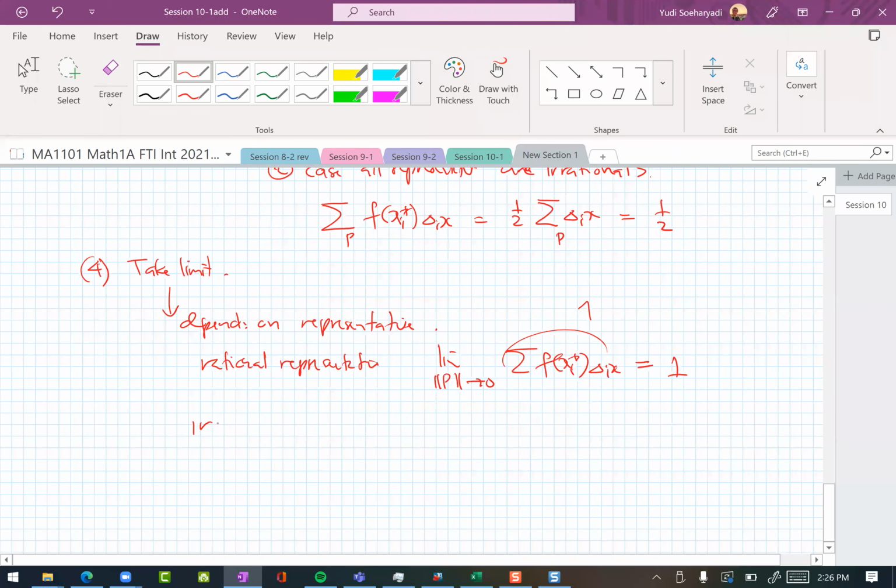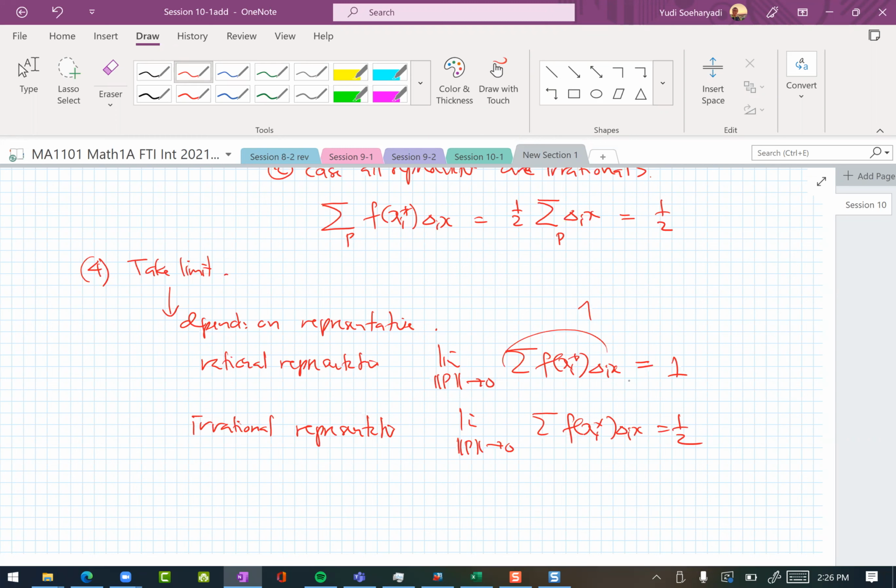And irrational representatives give you this Riemann sum. Okay, so clearly they are not the same.